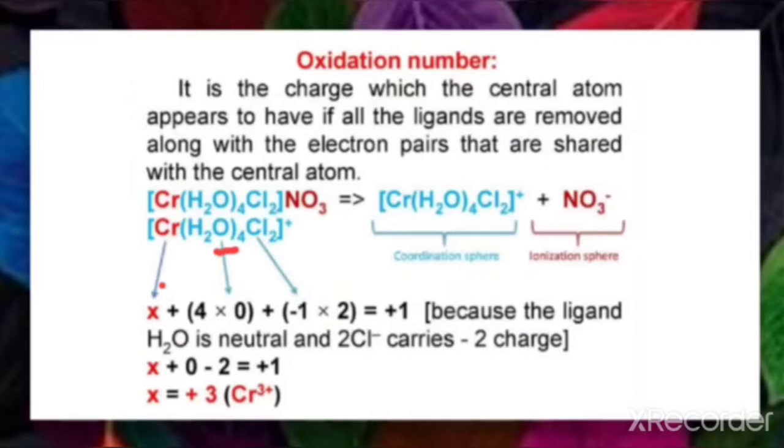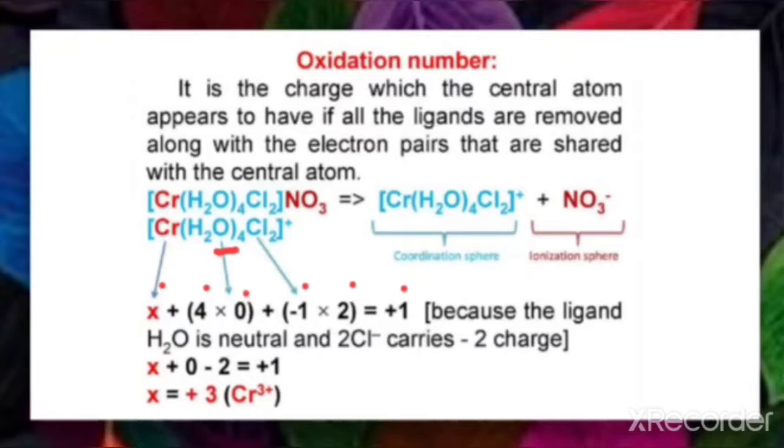So what is the oxidation state of H2O? It is 0. Because 4 water are there, multiply by 4, plus Cl2. For Cl, minus 1 is the oxidation state, and here 2 Cl's are there, so multiply by 2. So that is equal to plus 1.